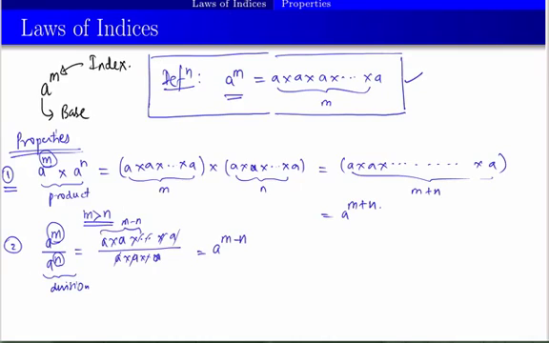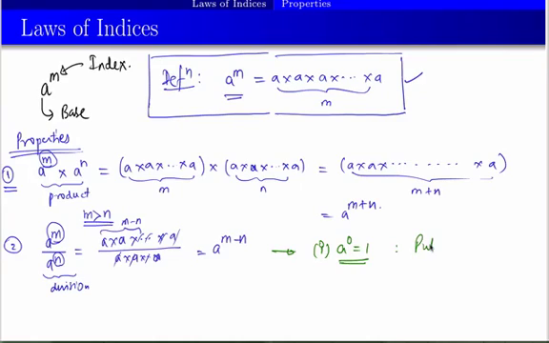Now from this property we get far more specific properties, like a raised to 0 is 1. How do we get this particular property which keeps on coming again and again? A raised to 0 is 1 is what we need to remember. It is very obvious.